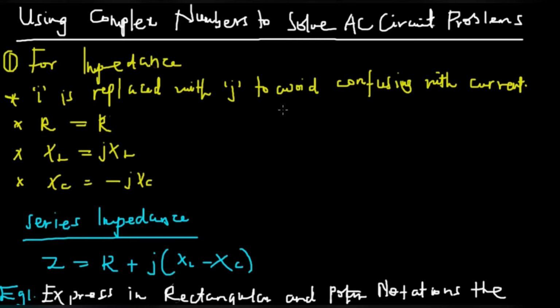That's why it is replaced with J. For impedance, the R remains the same, but the opposition to inductance changes to JXL. The same applies to capacitance, but with a little change: we have a negative sign, and then we have JXC.